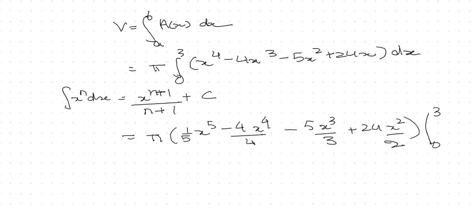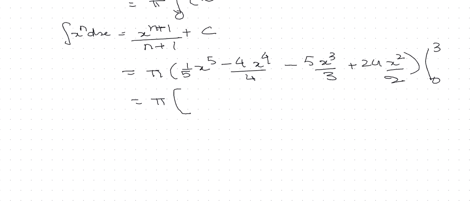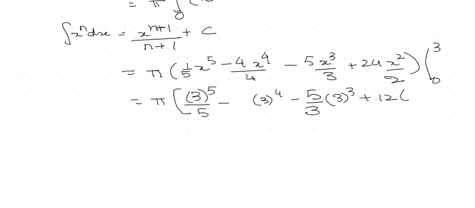Okay, so there is no meaning of putting 0 here, and this gives 3 raised to power 5 by 5, minus 3 raised to power 4, minus 5 by 3 times 3 cube, plus 12 times 3 square.